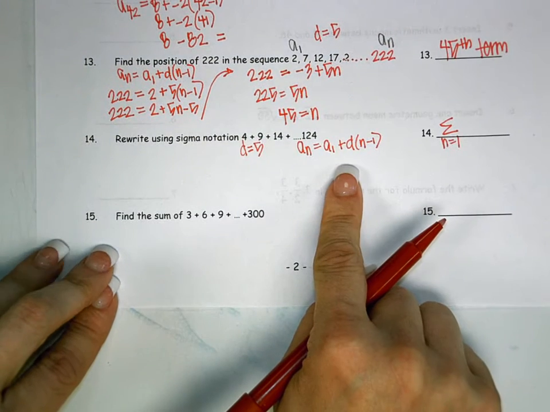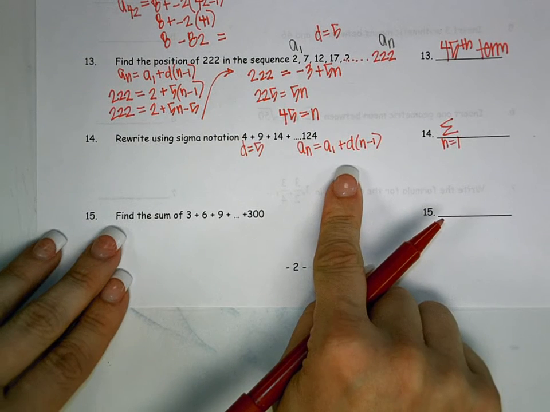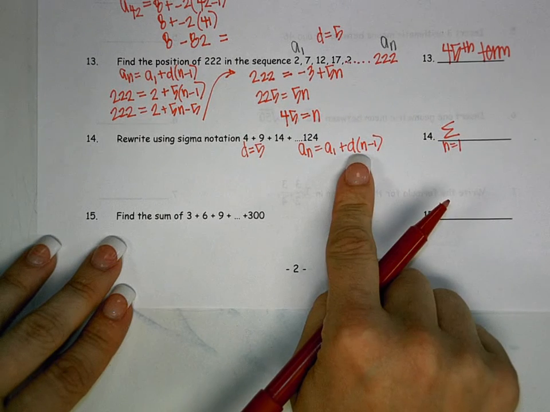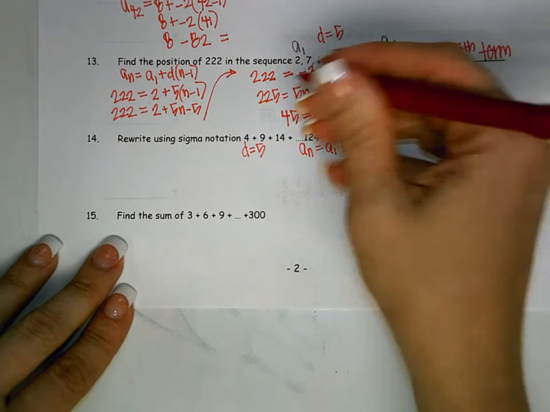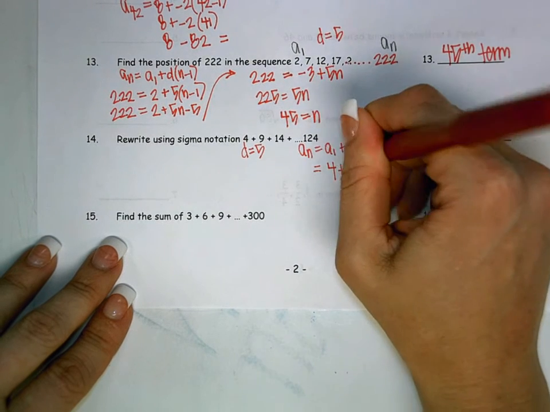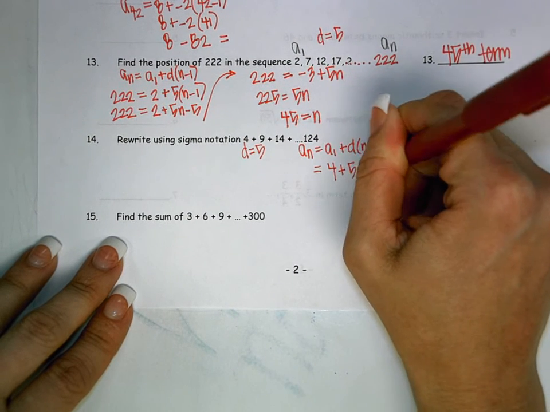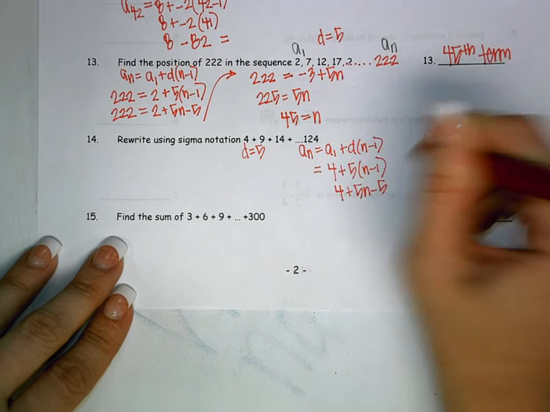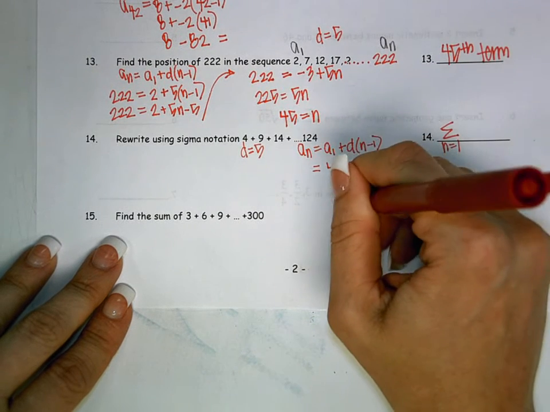So first thing we want to do is find our formula. So AN equals A1 is 4 plus common difference is 5 times N minus 1. So work this out, we get 4 plus 5N minus 5, giving us a formula of 5N minus 1.